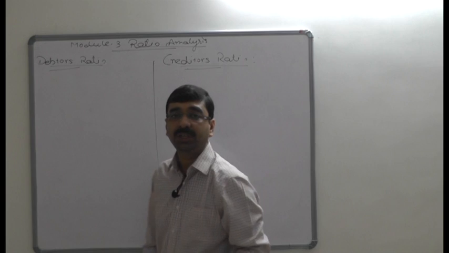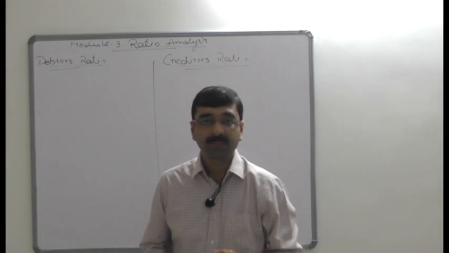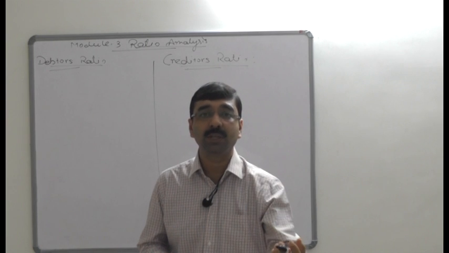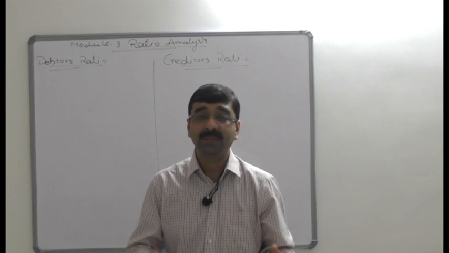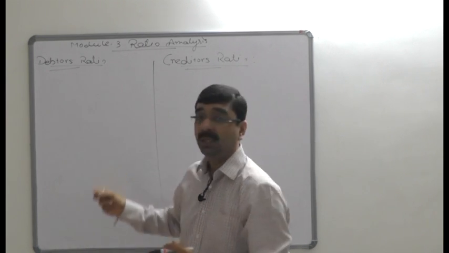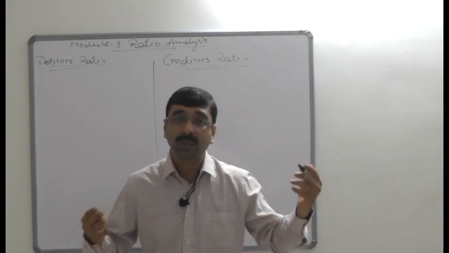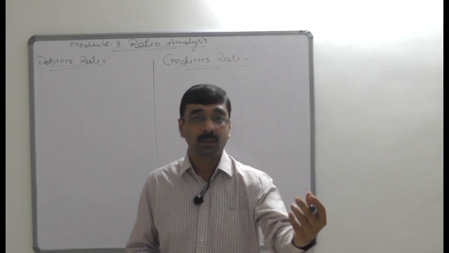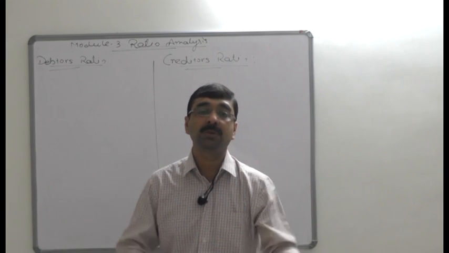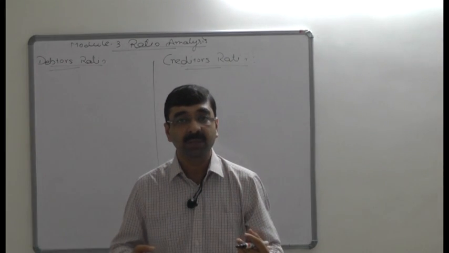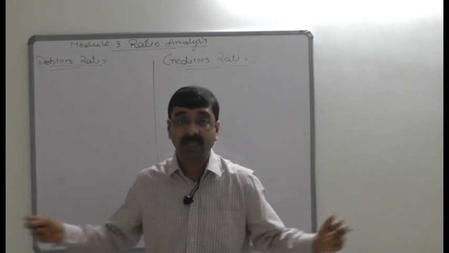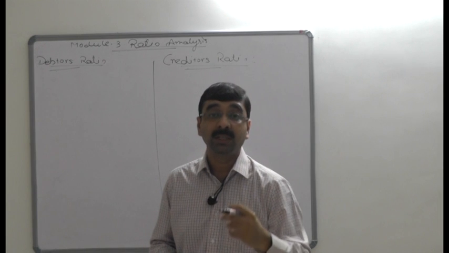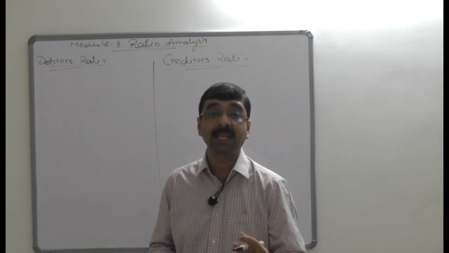Both are turnover ratios. Ultimately, these ratios show the efficiency of the company, and that efficiency is reflected through these two ratios. How the company is giving credit to its debtors and how much credit period it has received from its creditors, and on the basis of this comparison, the company can find out its liquidity position and liquidity management.